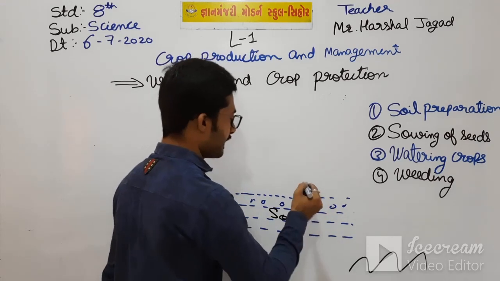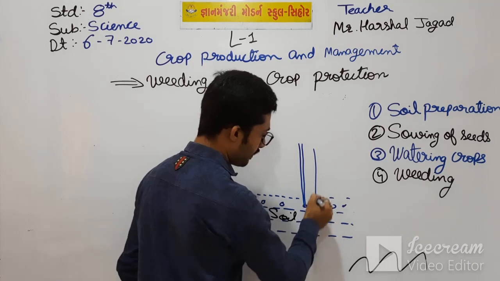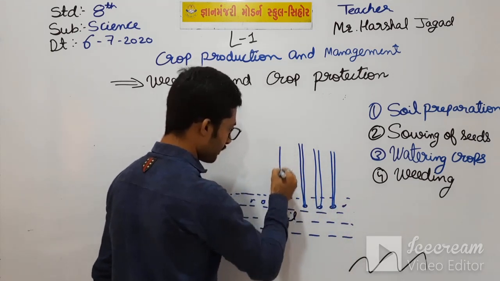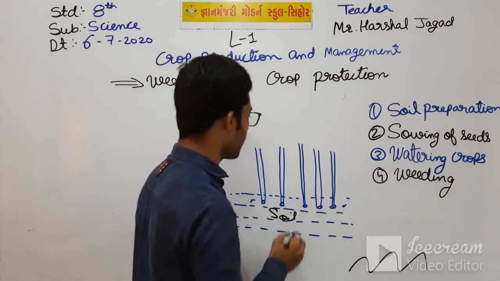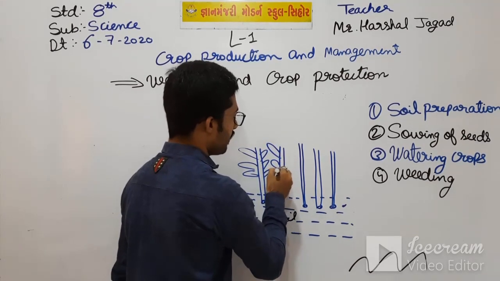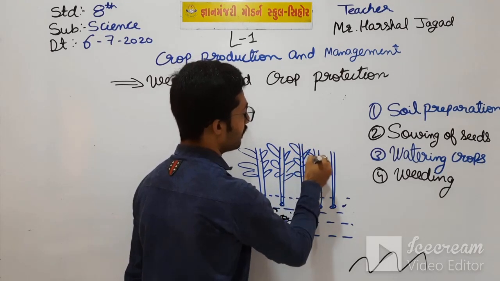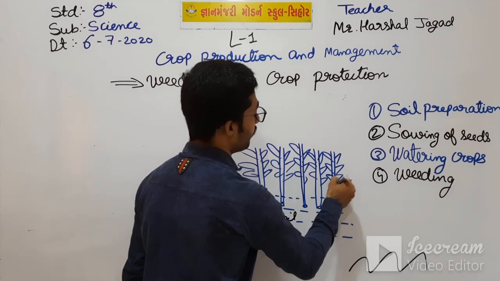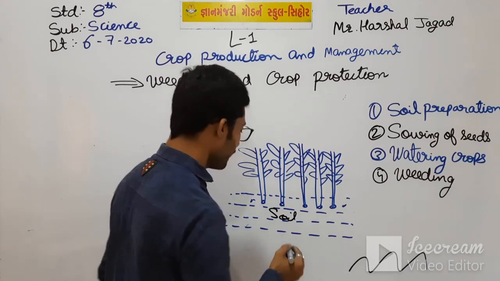Now when the seeds are grown, see here, the seeds are grown and the crops are about to be ready, not perfectly ready but about to be ready. So these are crops.